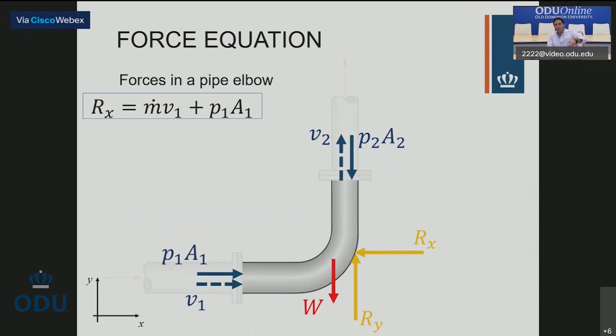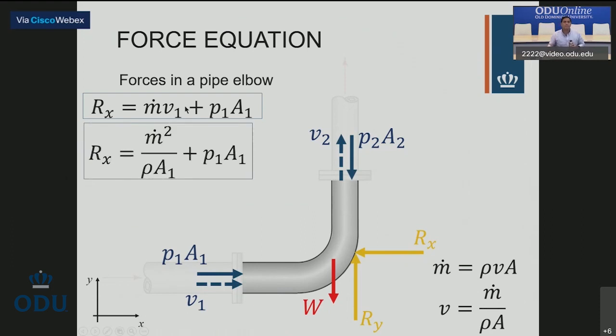Now, let's try to summarize a little bit, but let me make one more modification. Let me use the equation for mass flow rate. The mass flow rate is equal to density times velocity times area. Okay? Now, I'm going to solve for velocity in that equation, and plug this equation into this velocity, and this is what I get.